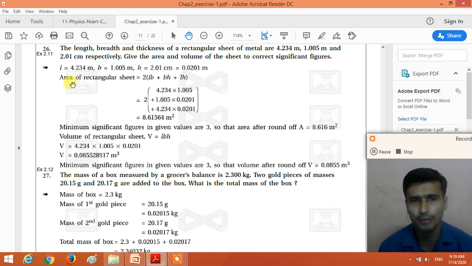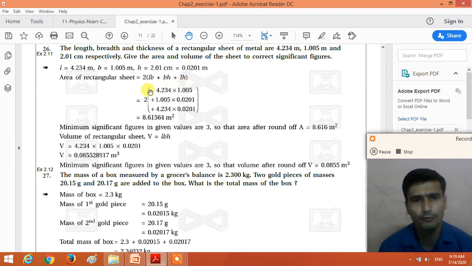So how do we calculate the area of the rectangular sheet? The area is given by the formula 2 into the bracket LB plus BH plus LH. So length into breadth plus breadth into height plus length into height.